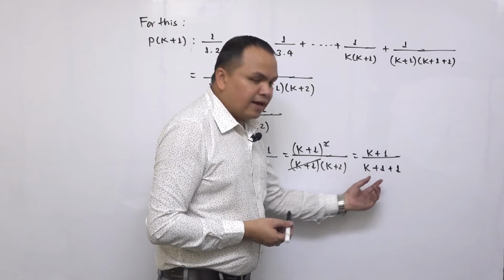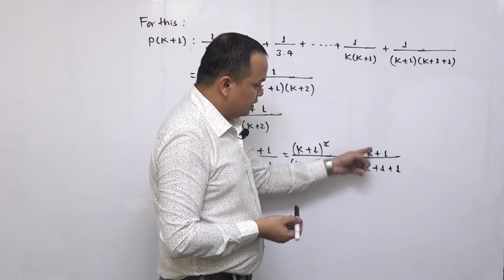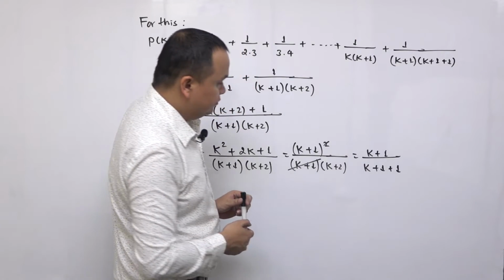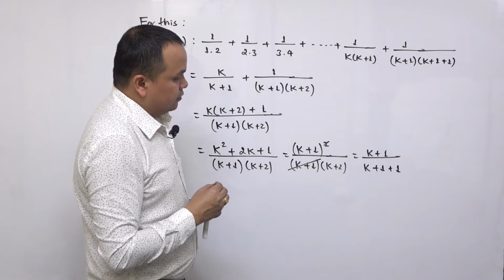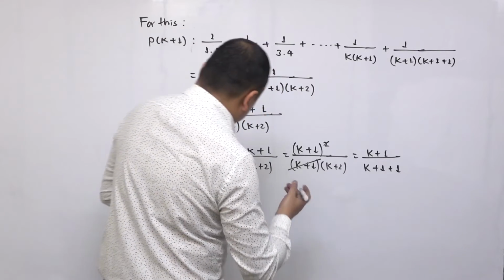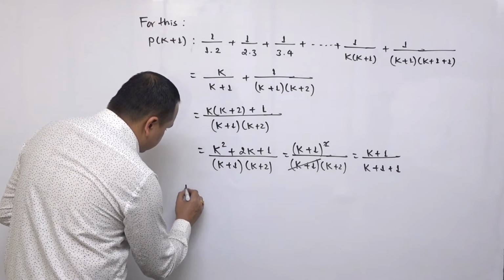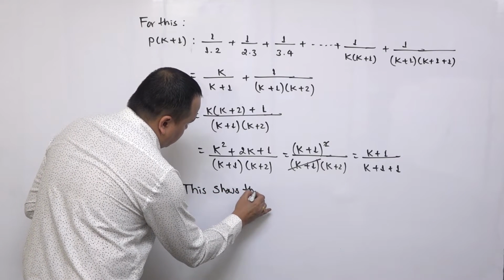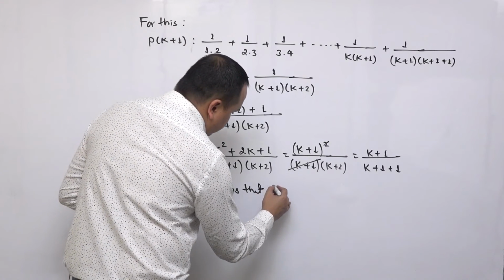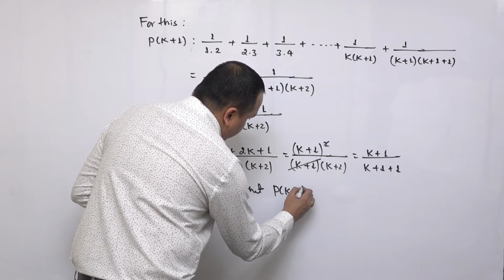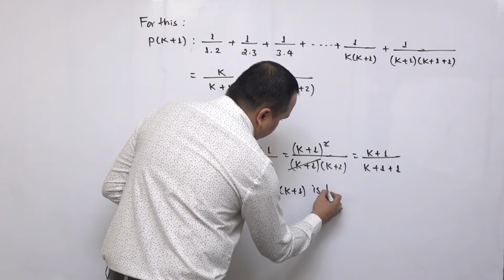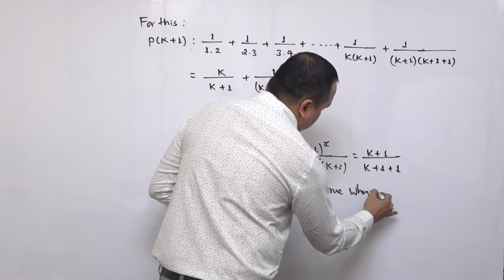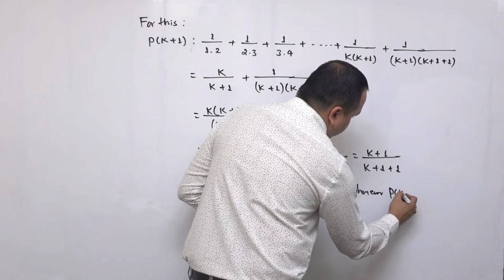Suppose k plus 1 is just n, then it becomes n upon n plus 1. This shows that Pk plus 1 is true whenever Pk is true.